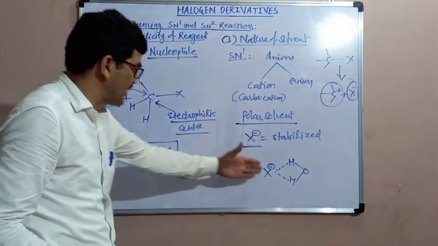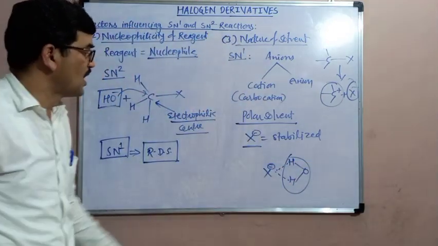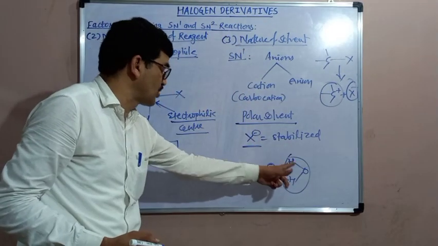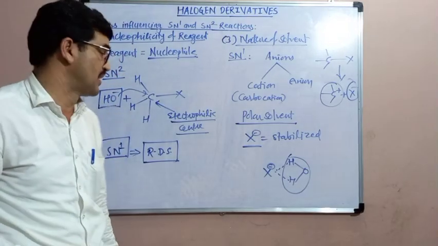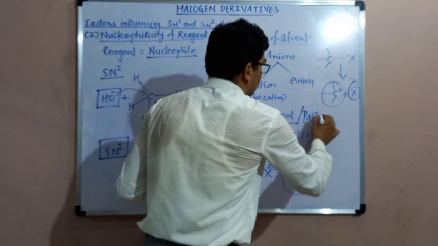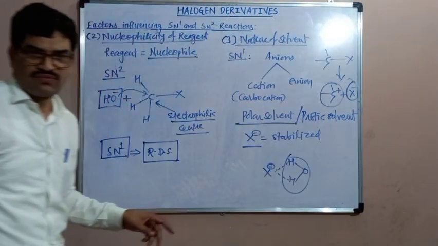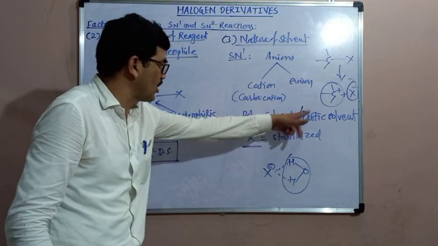For the solvation of the anion, the polar solvents are those which can form hydrogen bonds, also known as protic solvents. Protic solvents are the solvents which contain H+, that is, which contain hydrogen.